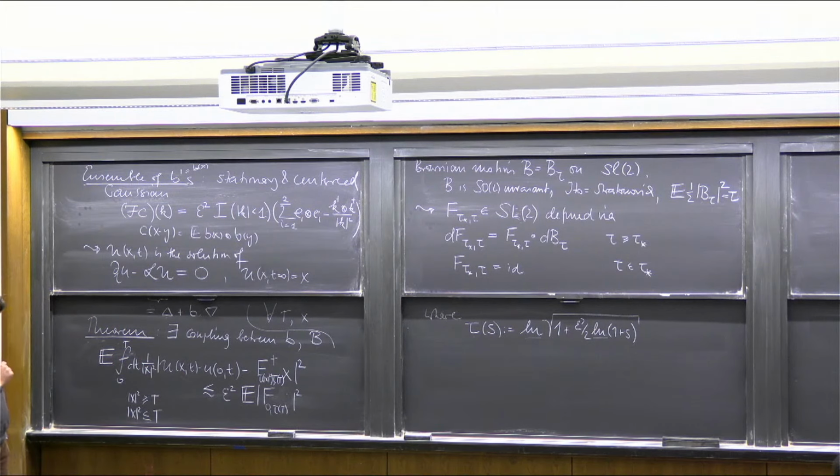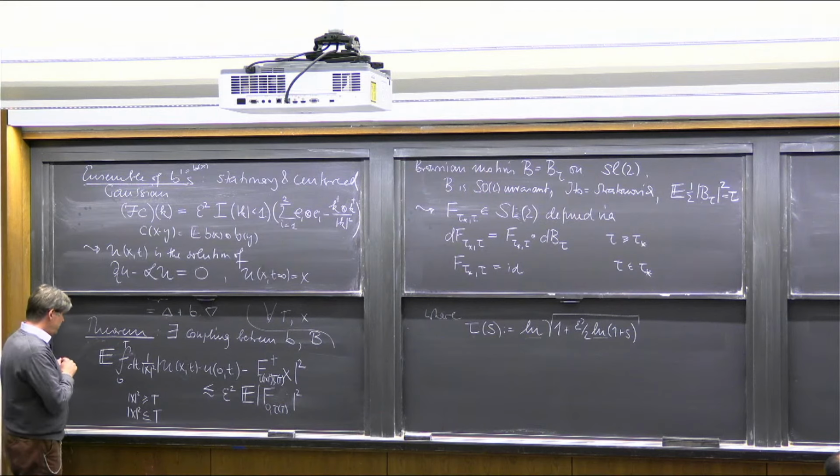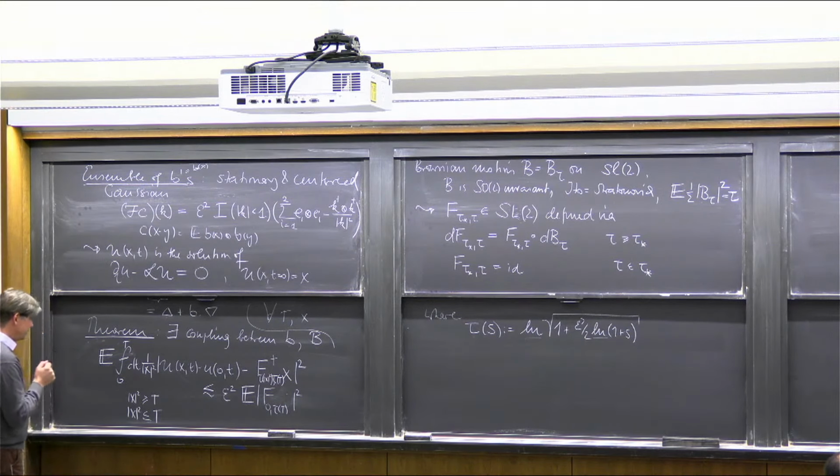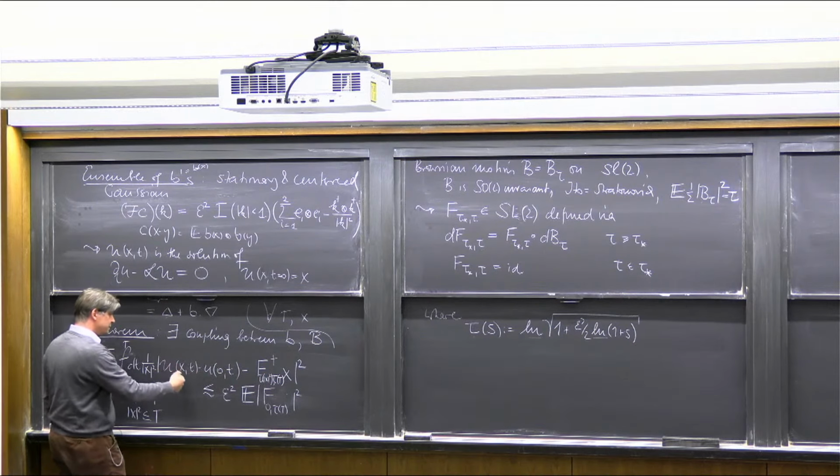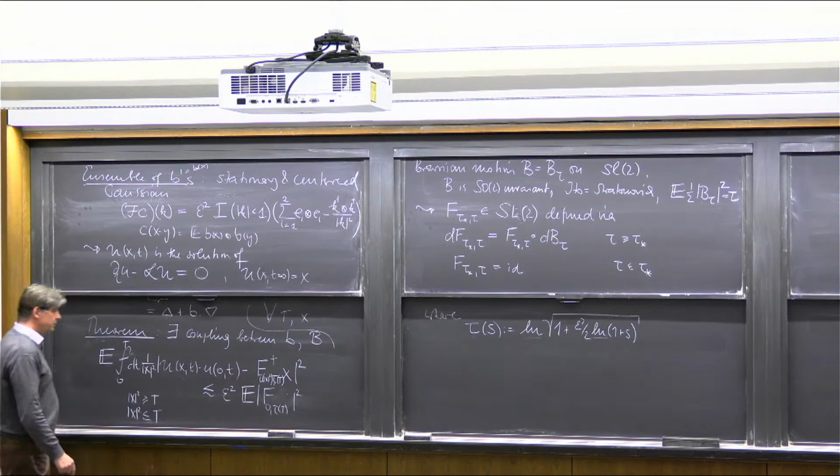Right? So that's the statement. So let me comment a bit on this statement. So at first it really looks like a kind of Taylor expansion, because we're looking at the increments and we're subtracting a linear term.